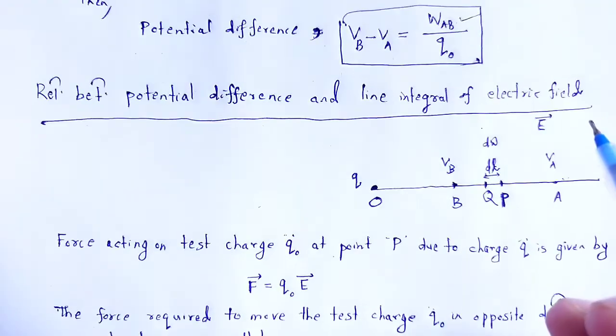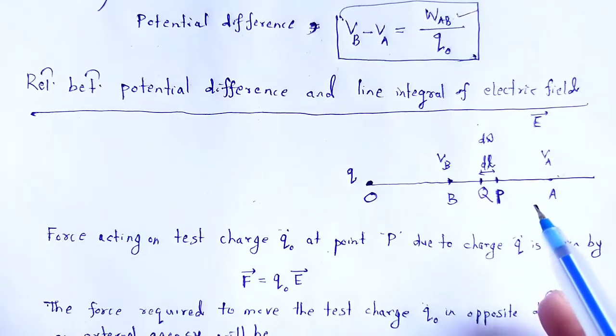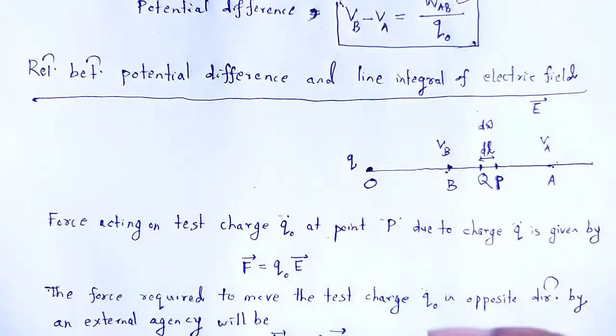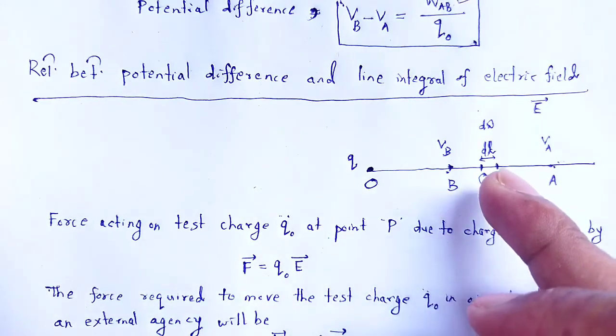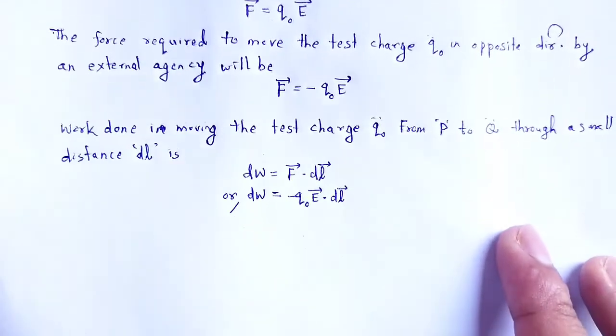Then the total work done in moving the test charge Q naught from the point A to the point B is given as we have to integrate that work done.